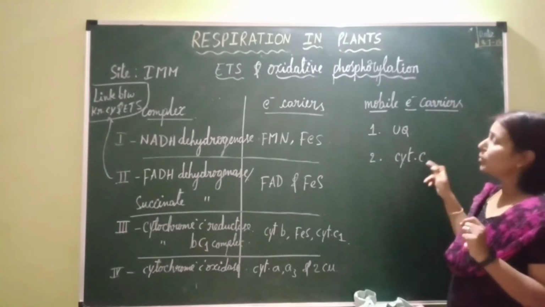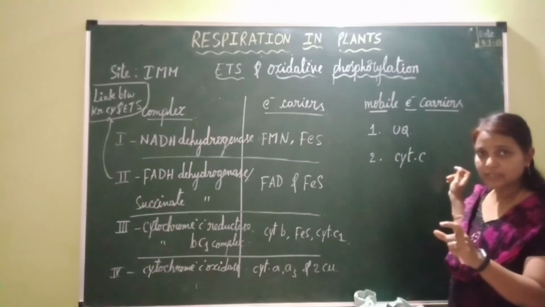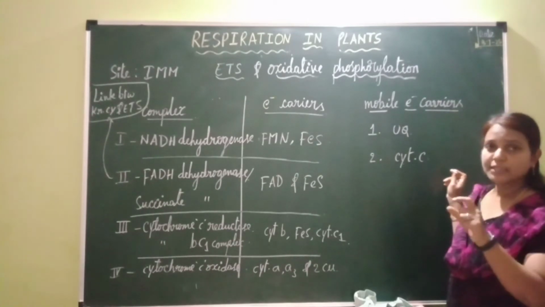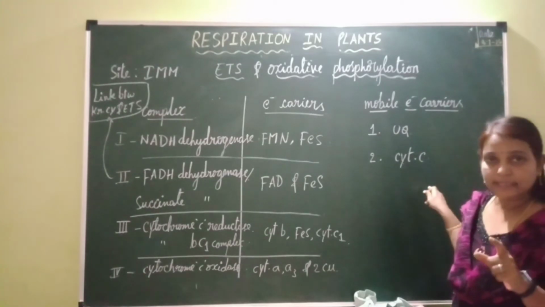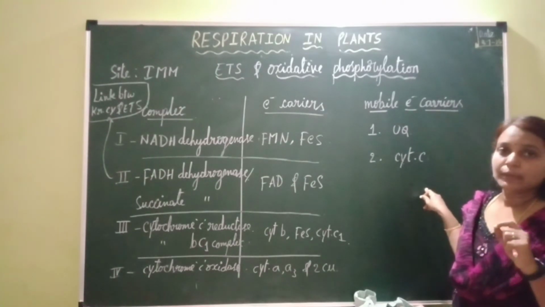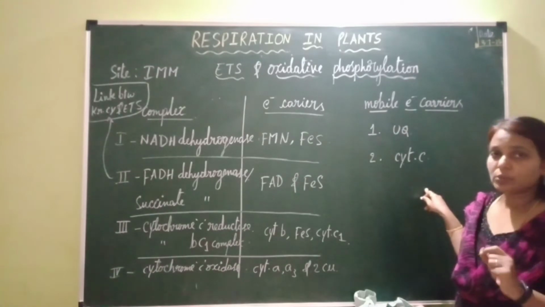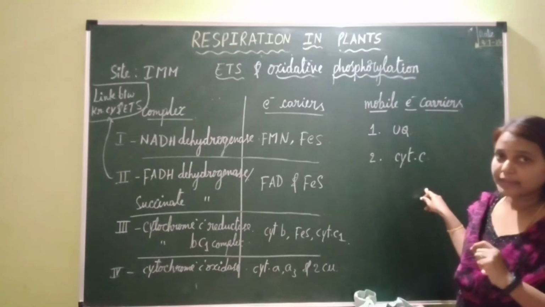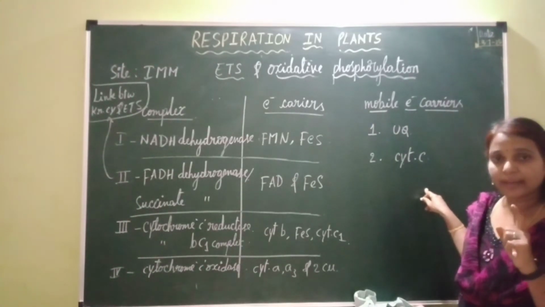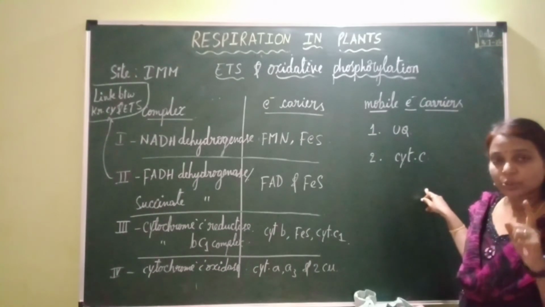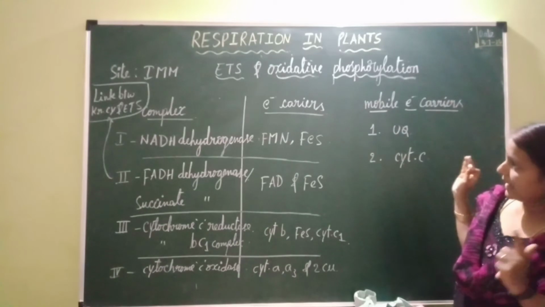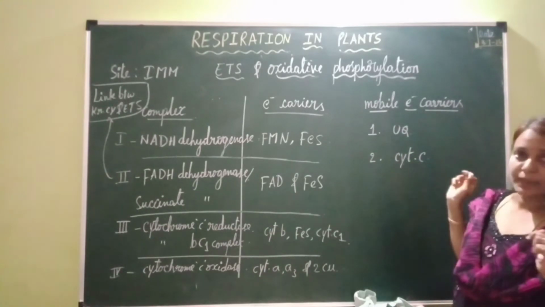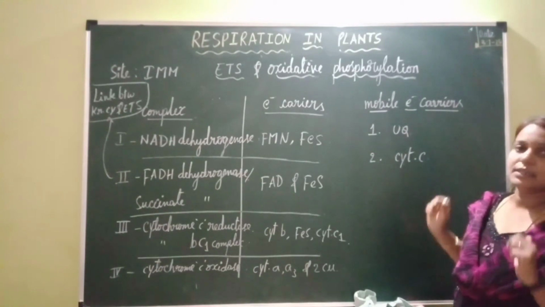These are the 2 mobile carriers associated with the electron transport system of respiration inside the mitochondrion. Whereas in photosynthetic ETS, there are also 2 mobile electron carriers, plastocyanin and plastoquinone. So this is about the carriers and complexes associated with ETS.